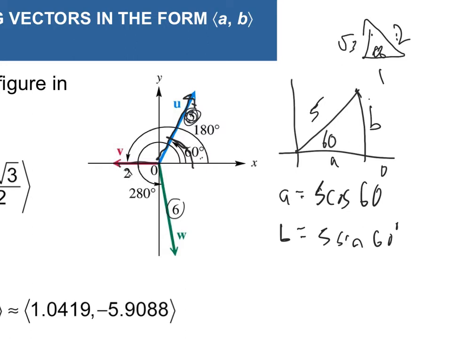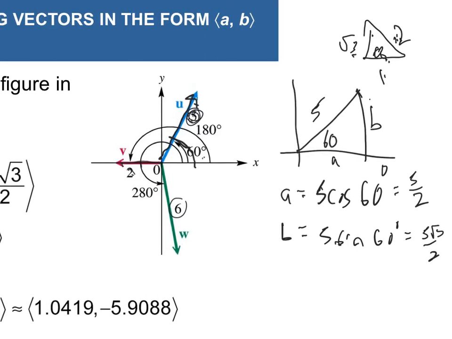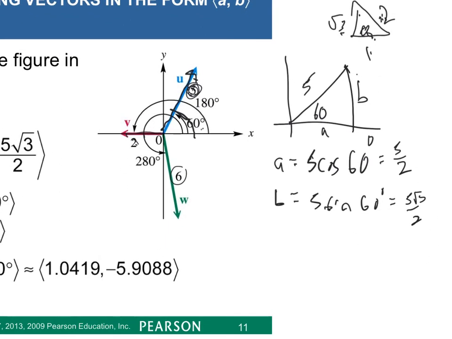So cosine of 60 is 1/2. 5 times 1/2. Sine of 60 would be square root of 3 over 2 times 5, which is 5 square root of 3 over 2. So vector U is this vector here: 5/2, comma, 5 square root of 3 over 2.